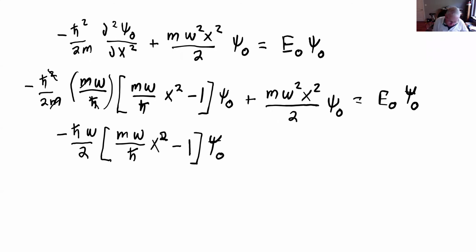And then I've still got the same combination of things here: m omega squared x squared over 2 psi 0. So that's all equal to E psi.